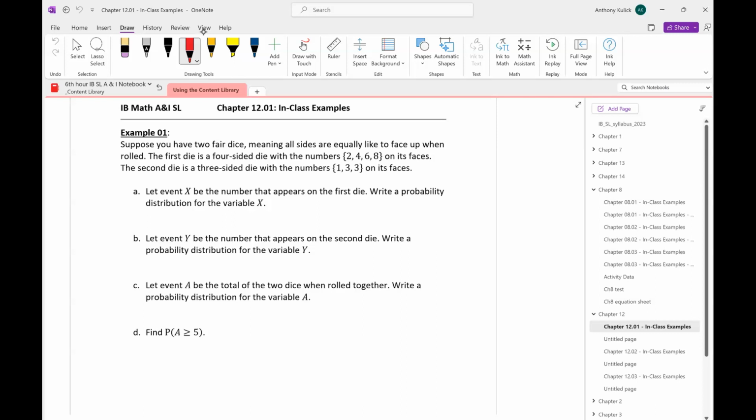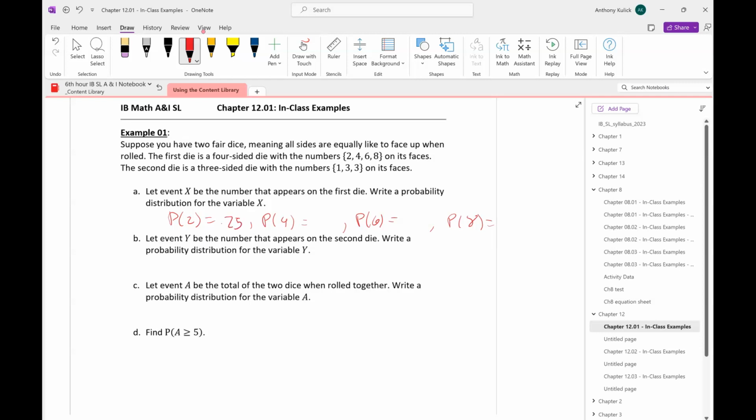What can we roll? 2, 4, 6, 8. Great. So our probability distribution really just needs to be those four probabilities, and it's 0.25 for each.